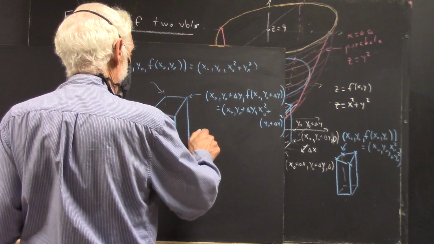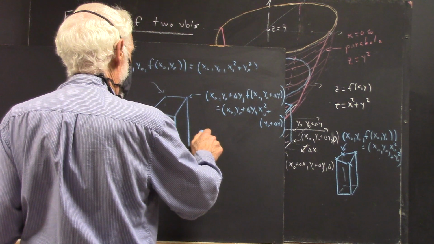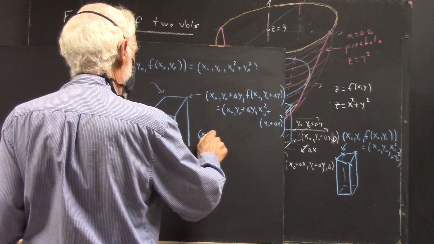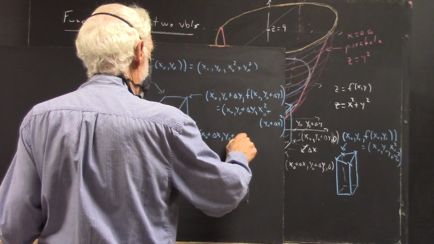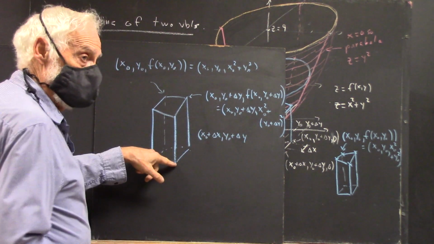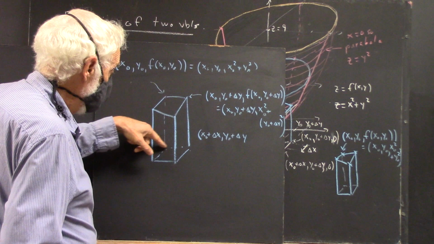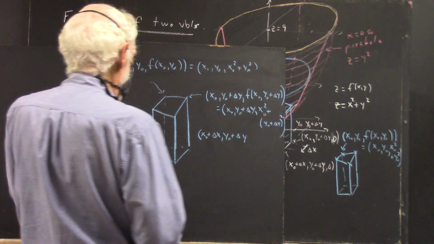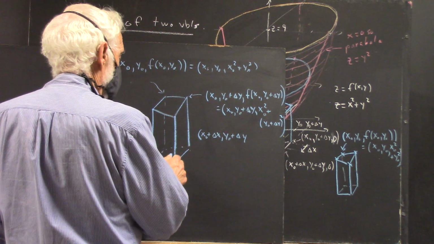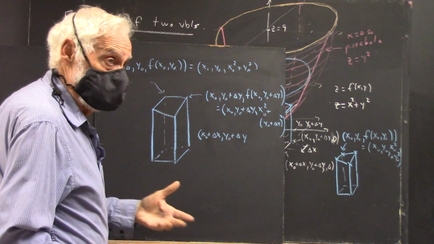In any case, this point down here, here's x naught, y naught, here's a delta y, and here's a delta x. So this point is x naught plus delta x, y naught plus delta y, 0.